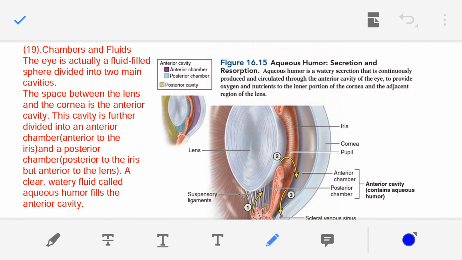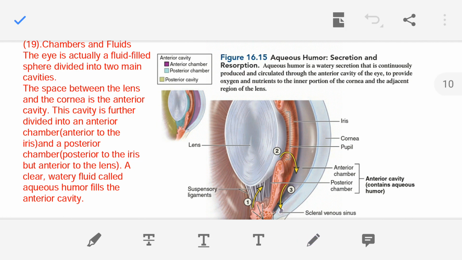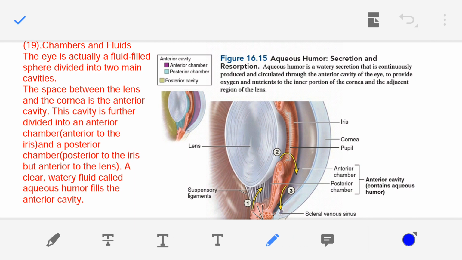Now, chambers and fluids of our eyeball. Our eye is actually a fluid-filled sphere, like a ball filled with fluid, and we can divide our eyeball into two main cavities.